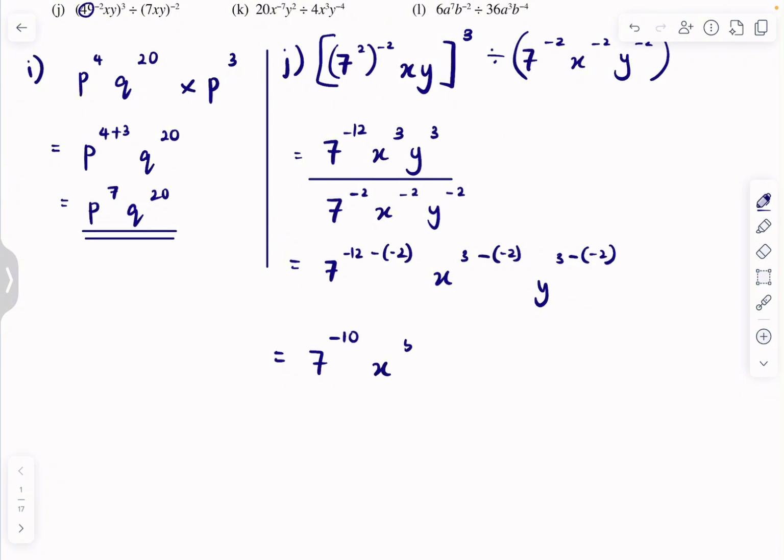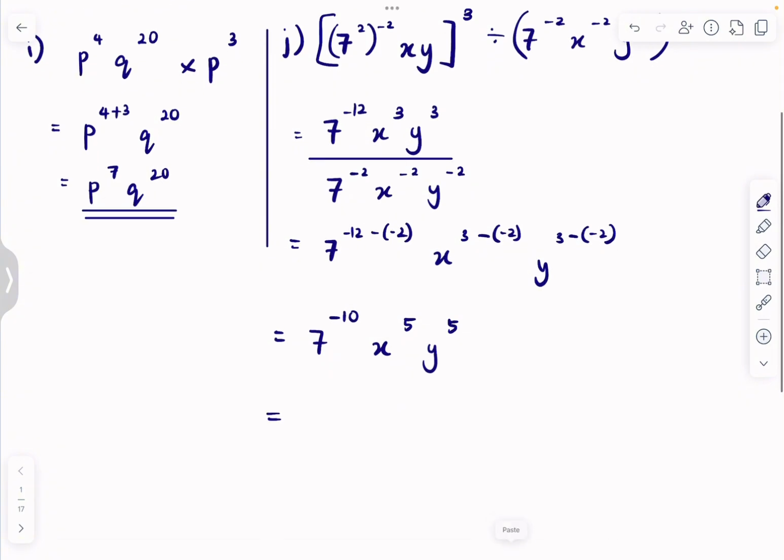X will be 5. 3 plus 2 is 5 as well. You can leave it like this, or if you want to move the 7 to the power 10 down also can. Whenever you have negative, you can move this down. So it will become 7 to the power 10 and top will be x to the 5, y to the 5. Done.